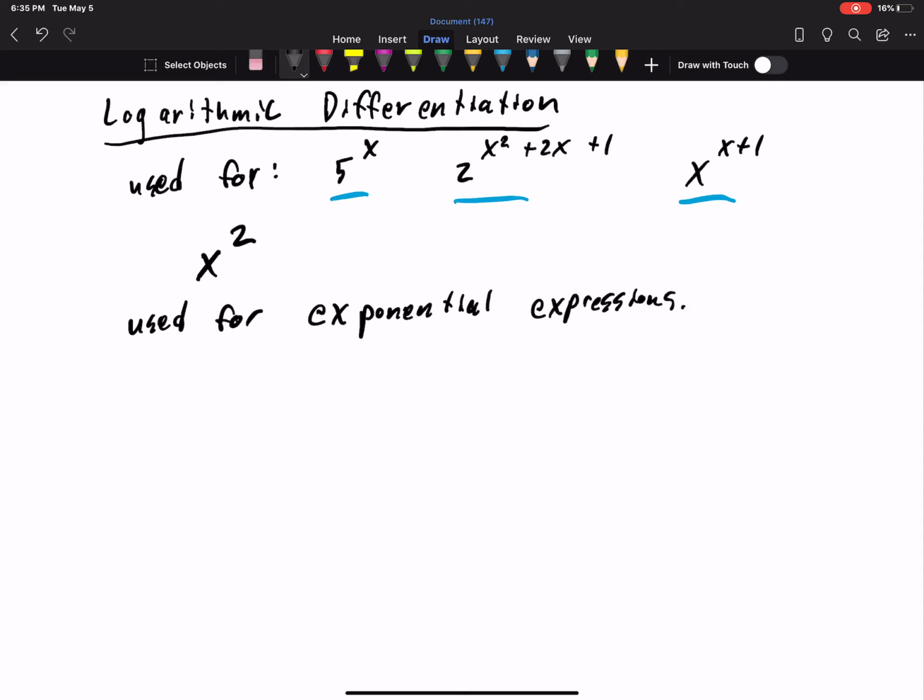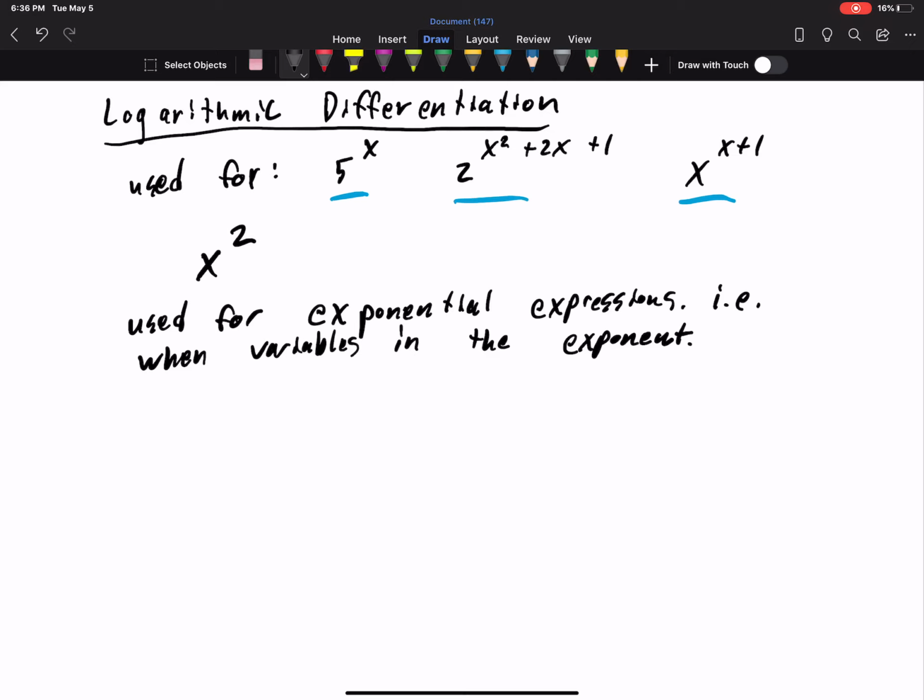To be 100% clear, that means when you have variables in the exponent. Okay? There are special cases for when you have like e to the x and e to the x squared and such like that, but you can also use logarithmic differentiation to handle those as well.